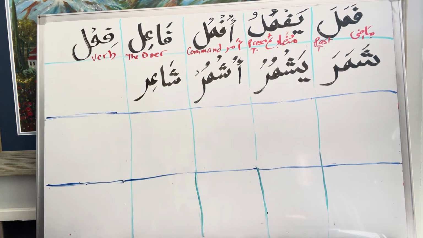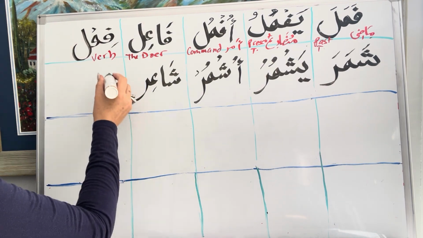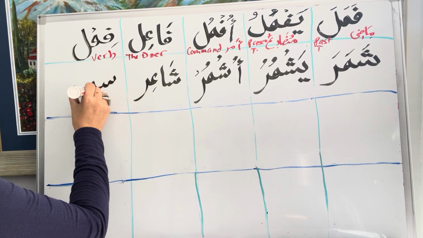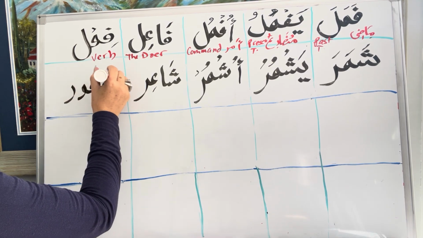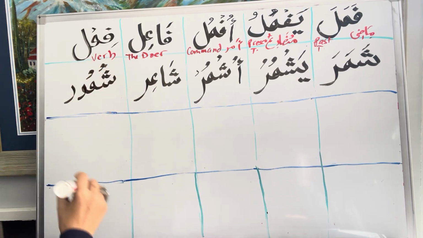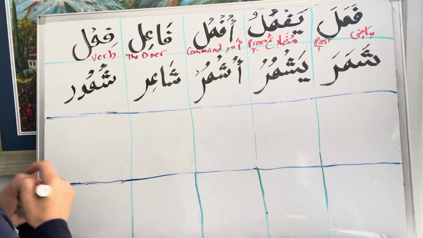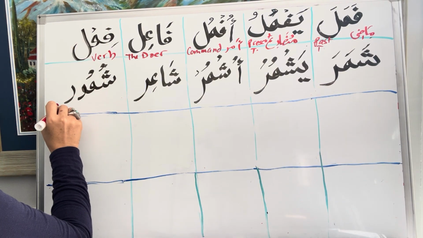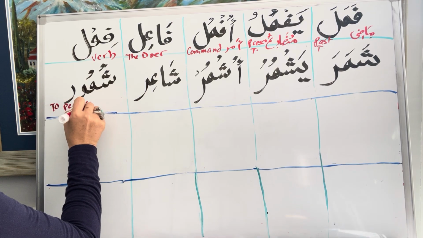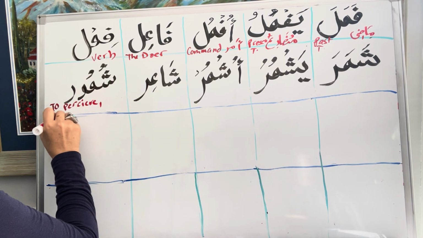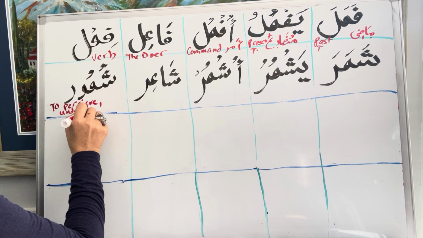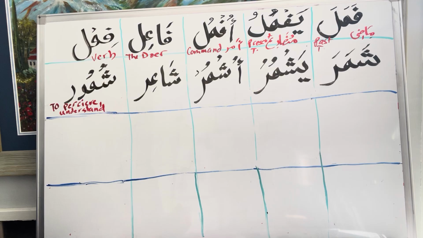And then the فعل is شعور. Okay. All right. So let's give the meaning here. It is to perceive, understand. Again, a lot of meanings go here.